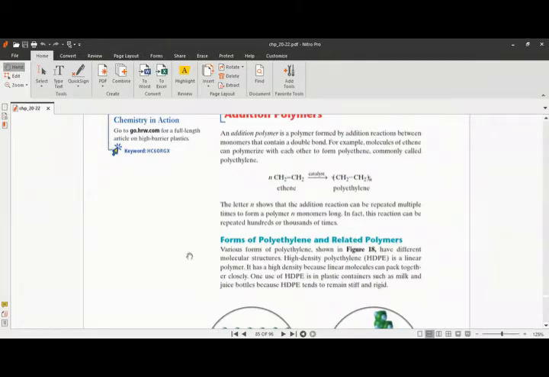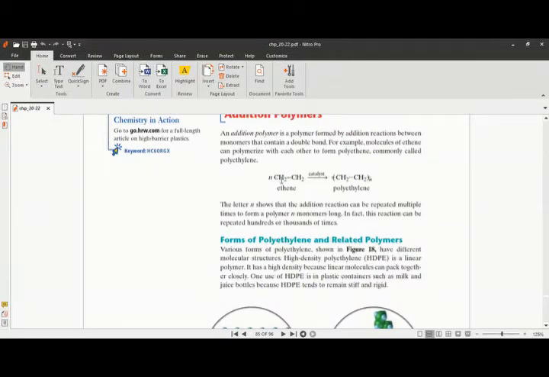For example, here you have CH2=CH2. And by the way, the letter n represents a long number of monomers, but they have the same molecule, CH2=CH2.